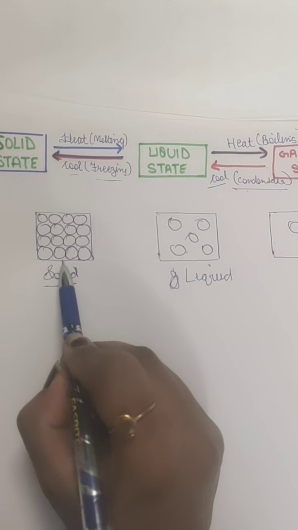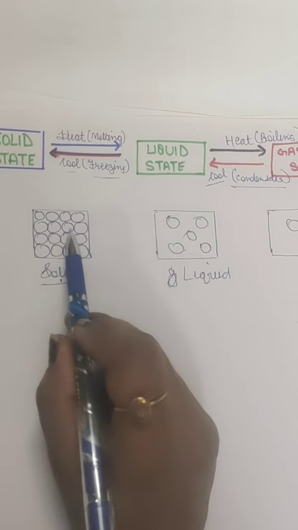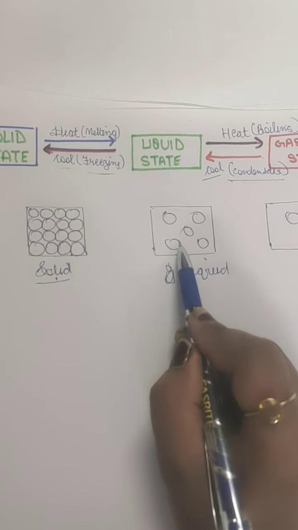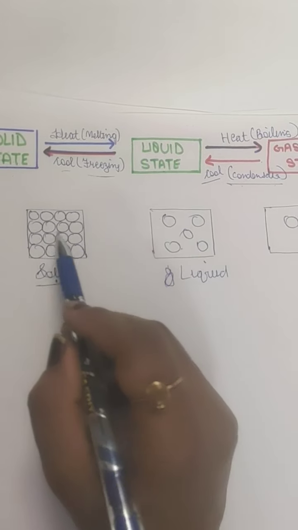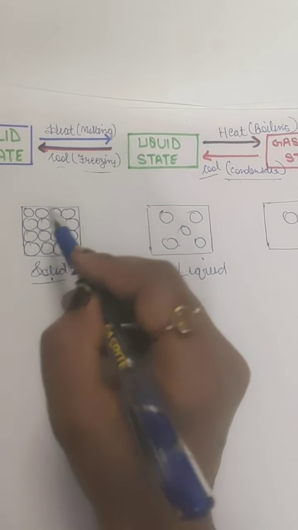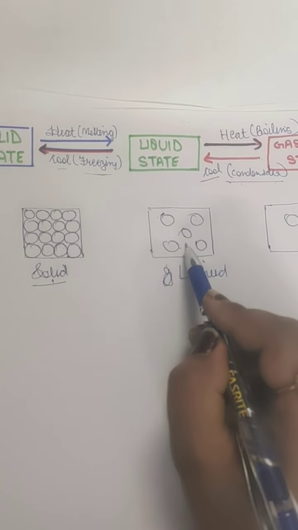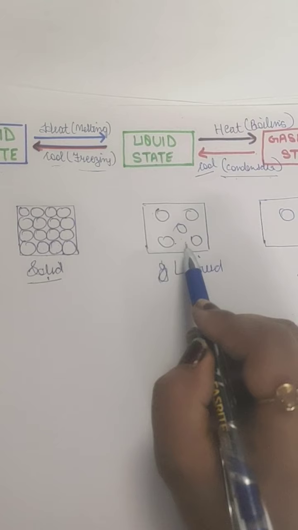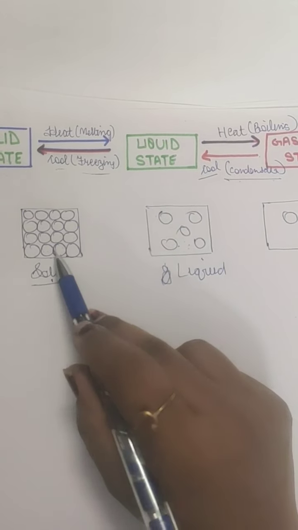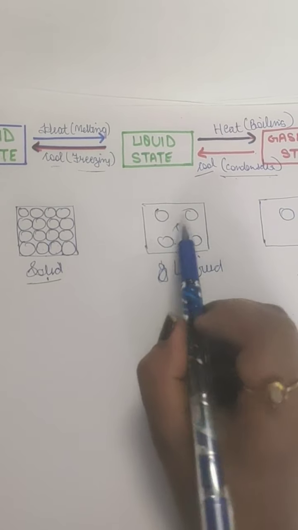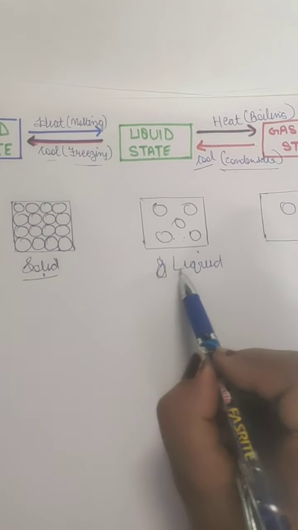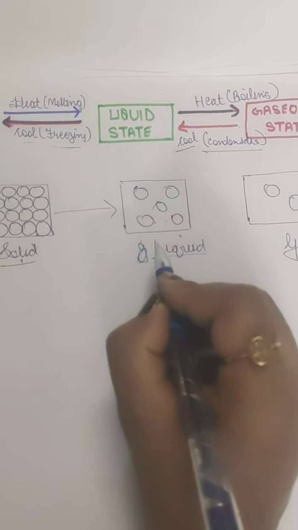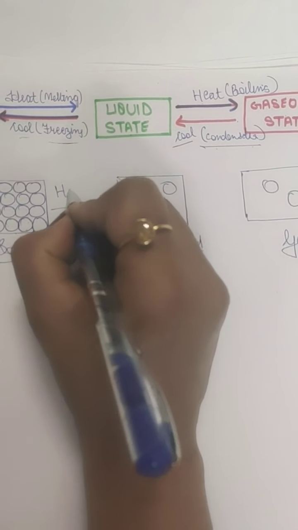By heating these solids, this force of attraction breaks and the space becomes larger. When the space becomes larger, the particles move away from each other, and the arrangement changes from this to this. Then the state is called a liquid state, so the solid is converted into liquid by heating.